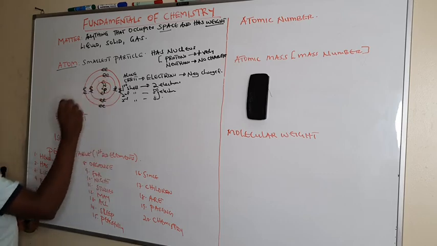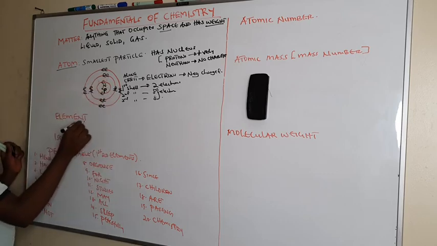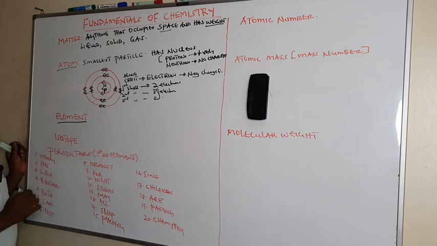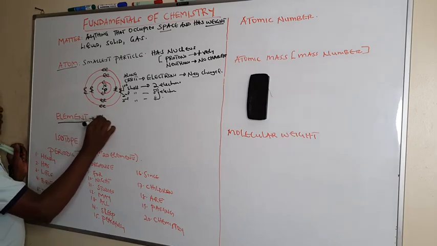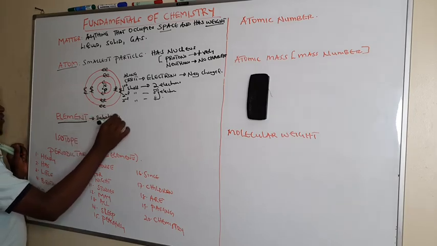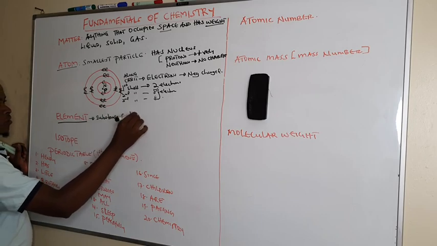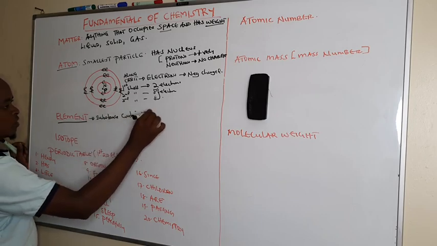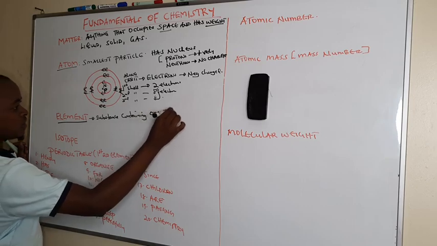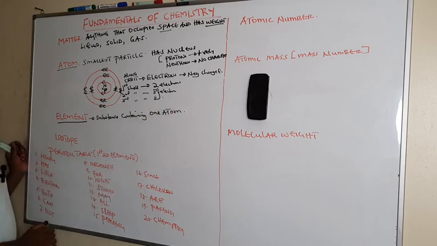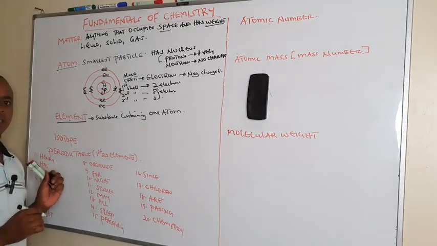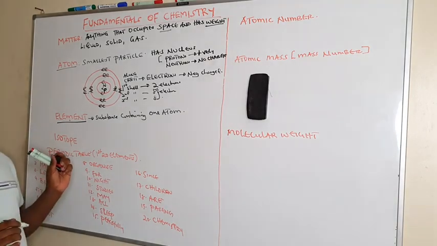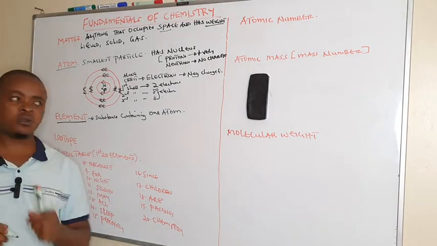And after looking at what an atom is, we can also define what an element is. An element is any substance containing only one kind of atom. If a substance contains a single kind of atom, it is known as an element, and this one cannot be separated by physical means, only by chemical means.